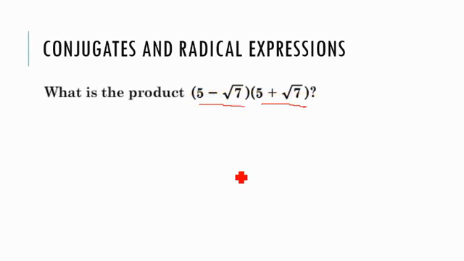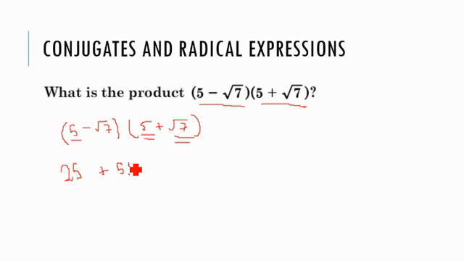All right, so for example, we have two conjugates here: 5 minus square root of 7 and 5 plus square root of 7. So what happens when we multiply them together? We take the first term and multiply it by all the terms in the second binomial. So 5 times 5 is 25. 5 times root 7 is plus 5 root 7.